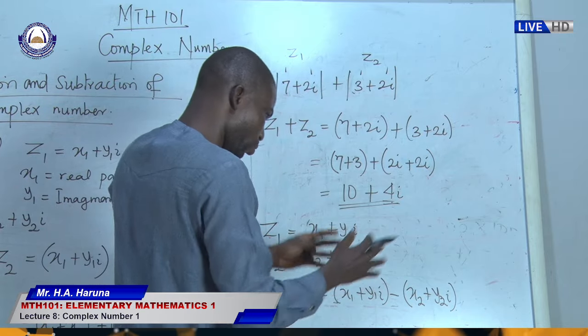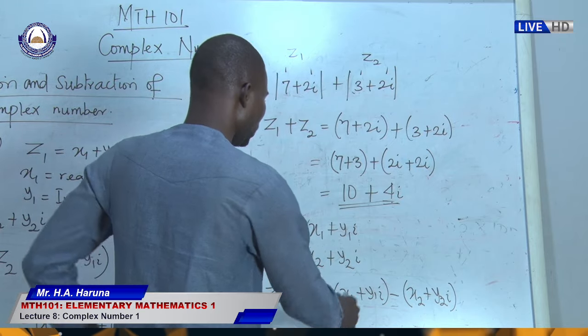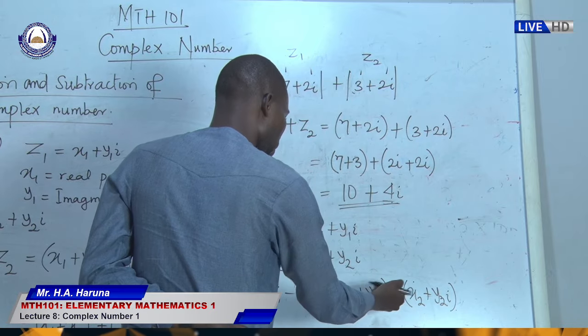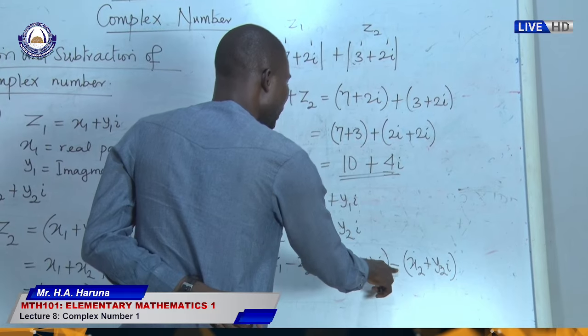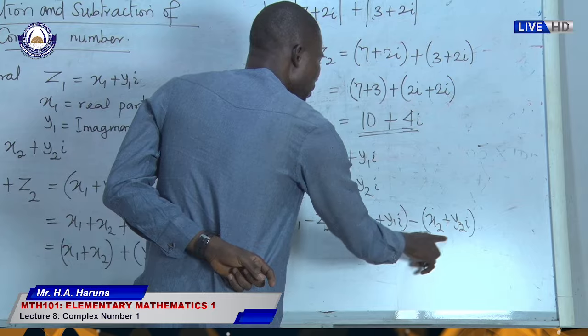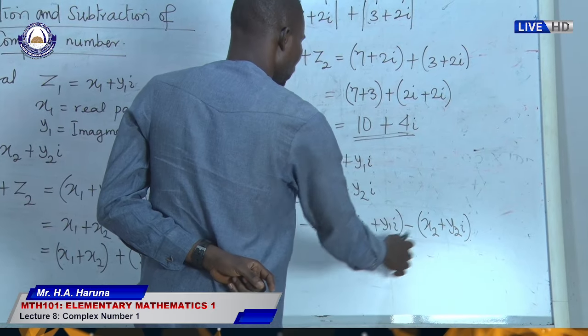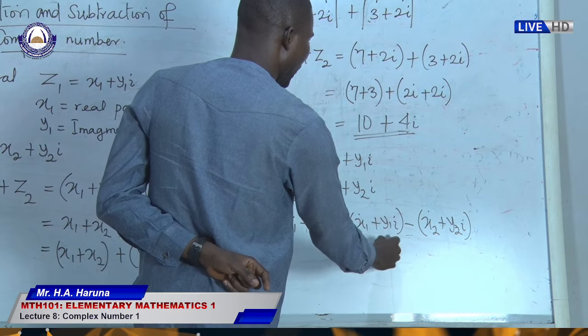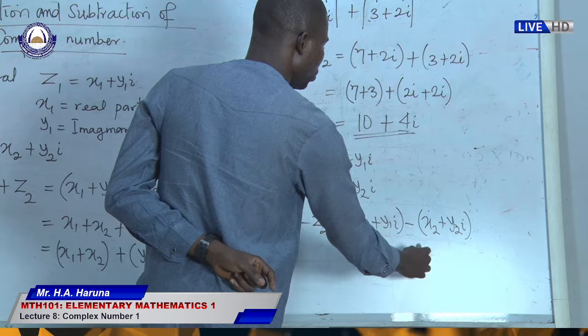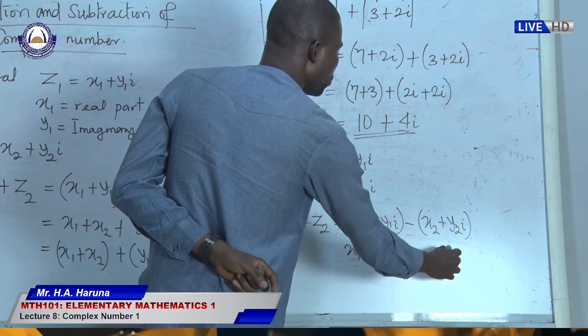Recall the real parts attract each other. So you have your real parts X1 and X2, they come together. But remember that this is negative, and this negative is operating along this path. Hence, if you open it up, you can say X1 plus Y1 i minus X2 minus Y2 i.